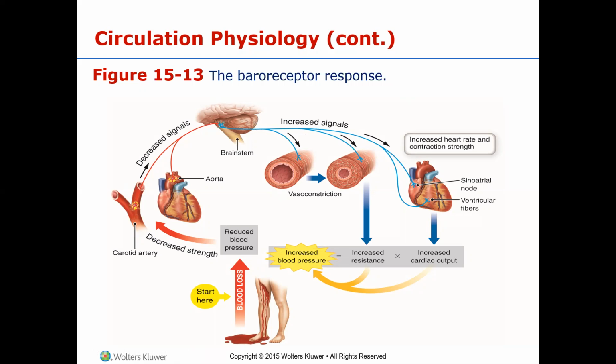This is being controlled through our sympathetic nervous system, part of our autonomic nervous system. And then we have vasoconstriction that occurs, and it's going to increase those signals to the heart to pump more, so it's going to increase our blood pressure.